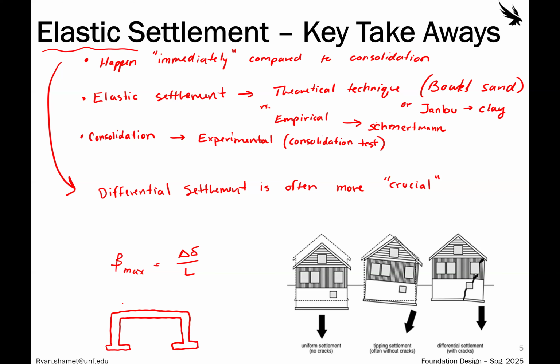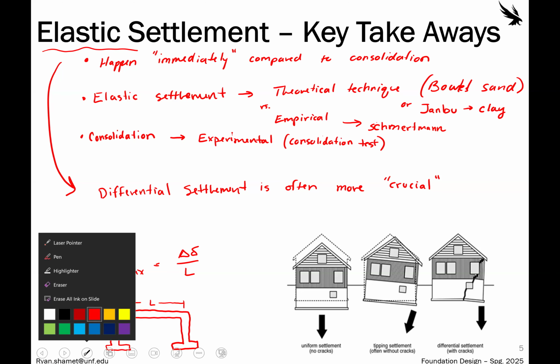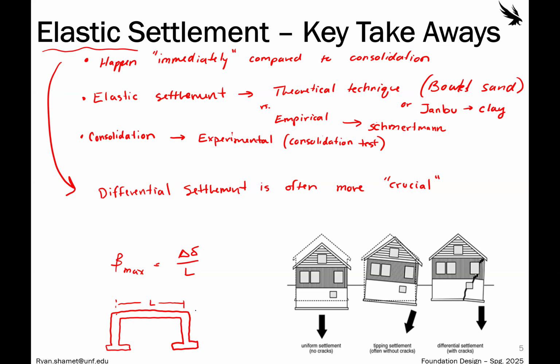So that's like a frame of a structure or something. We have these lengths apart and then a change in deformation. So let's say this side will settle more than the other one.